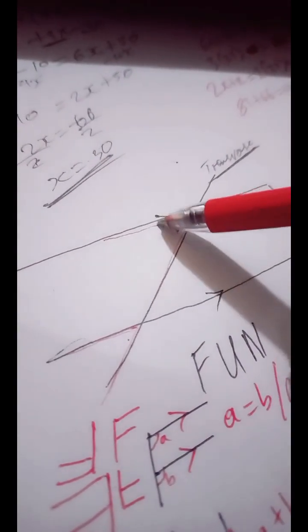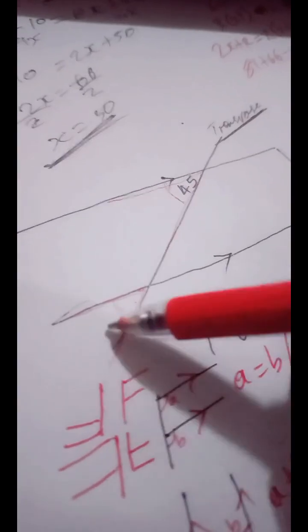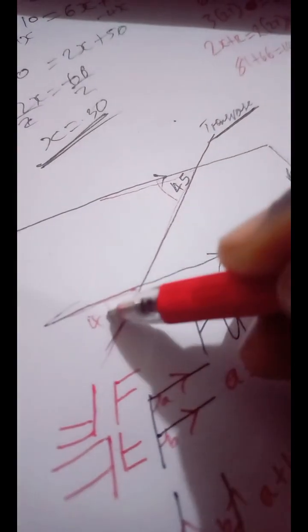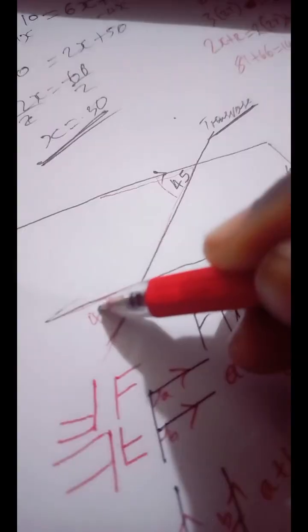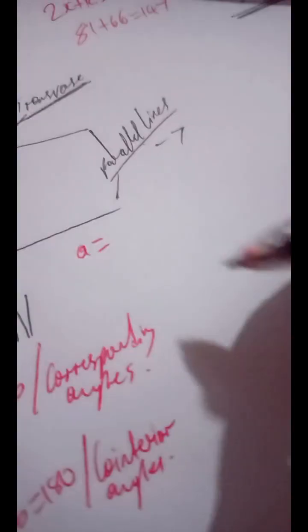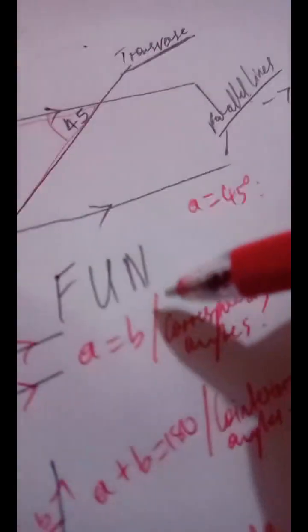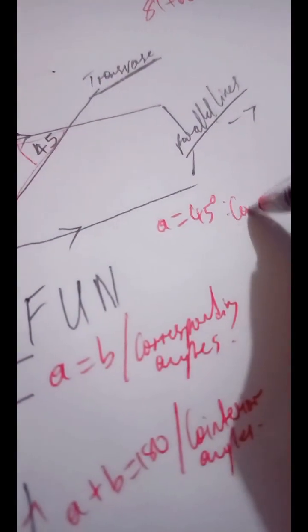So this angle is equal to this angle using our F. So this is 45. They will say angle A, 45 degrees. So angle A is equal to 45 degrees. Reason: corresponding angles.